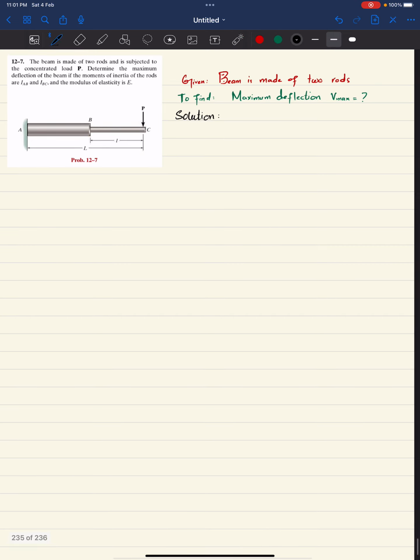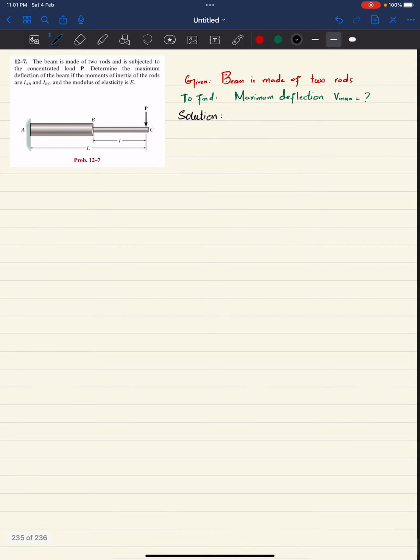First, if you take this beam and cut it over here, let the distance from this end be x1. If I draw the free body diagram, it will be like this.